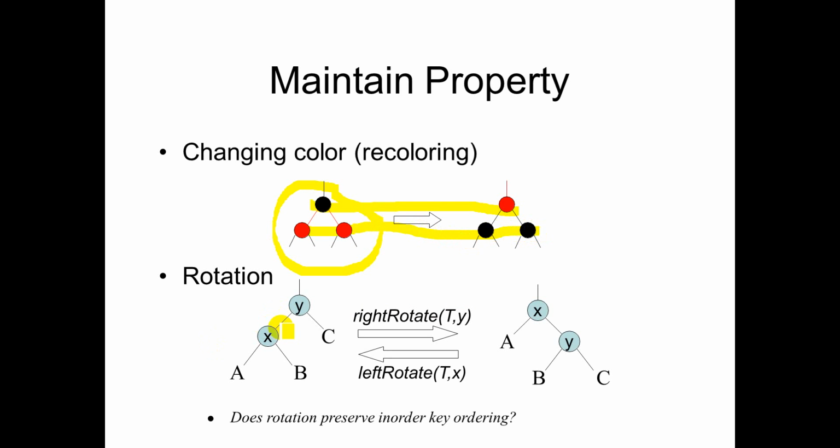Now it is about rotation. So you have a tree like this. If the insertion violates the property of the red black tree, then you can do a right rotation or a left rotation. It depends on the scenario, which we will come to know later.